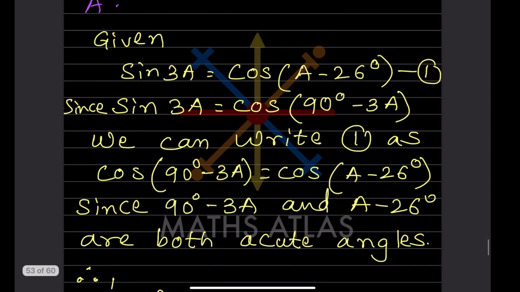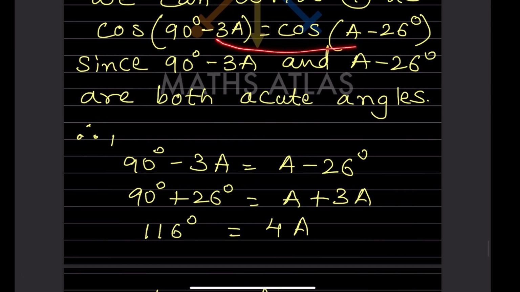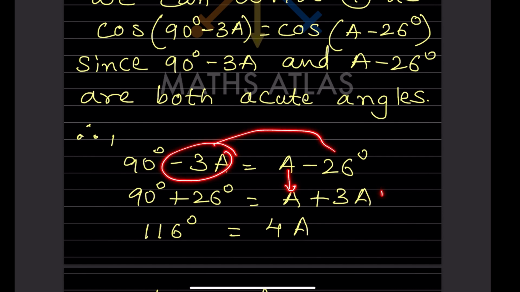So now when you compare this and this, since 90 minus 3A and A minus 26 are both acute angles, we can write 90 minus 3A is equal to A minus 26. This minus 26, let us bring on this side, that is going to be plus 26. This will be as it is, and this A again here, and this will be plus.